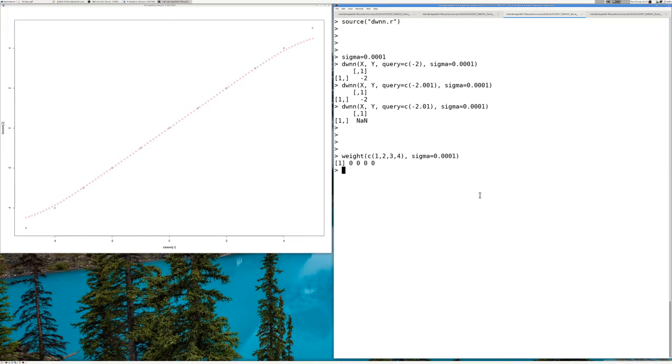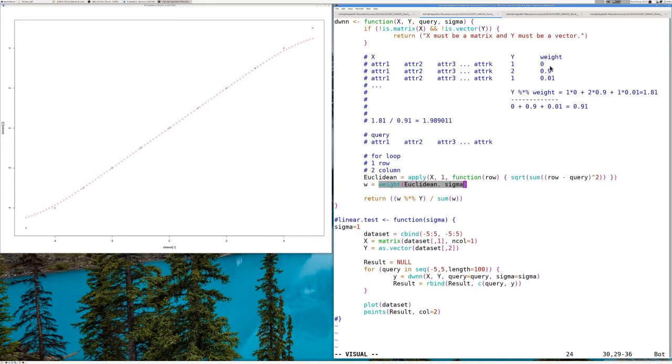It's like this. All weights will be equal to 0 because I have no nearby neighbor in my training data. If I don't have any near neighbor, remember, I will multiply this 0 by this number.